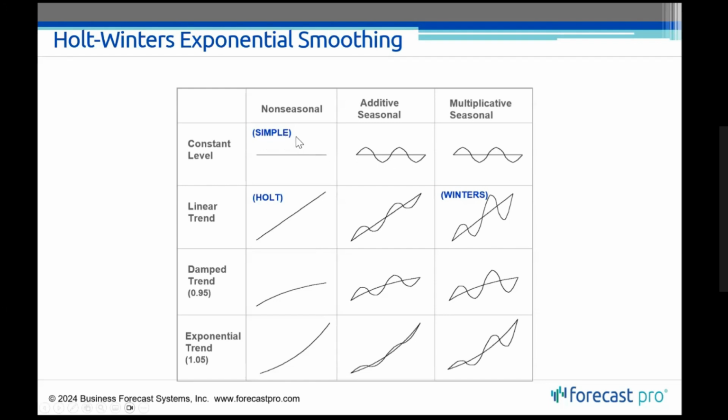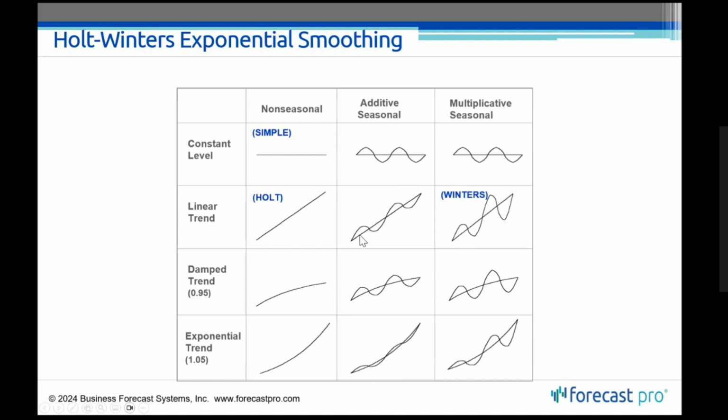Three of the models have names. Simple exponential smoothing is the model that corresponds to the data are not trended or the forecast won't be trended, and it's not seasonal. The Holt model assumes a linear trend, and the Winters model assumes both trend and seasonal pattern, and that the seasonal pattern is multiplicative.